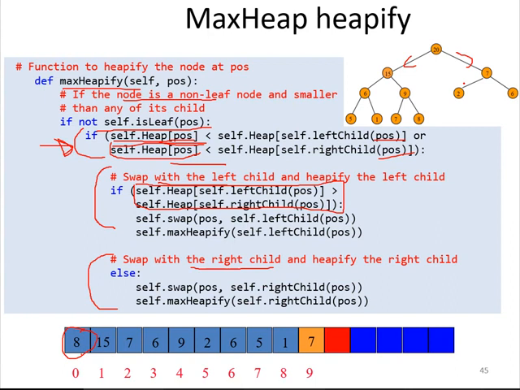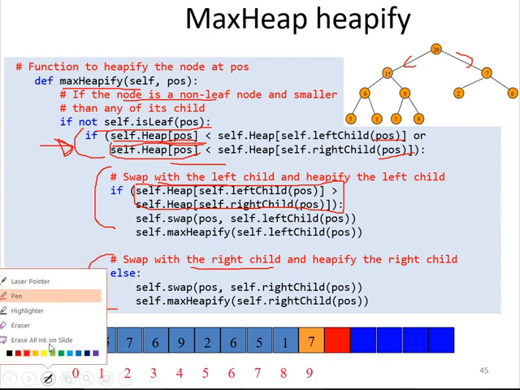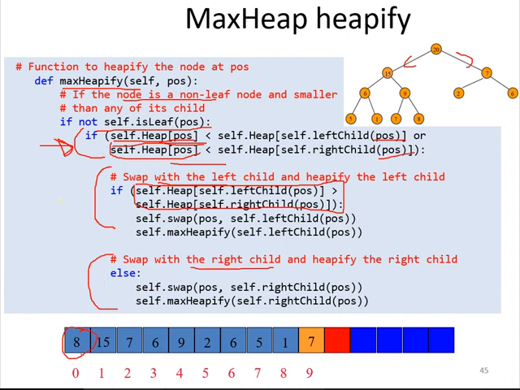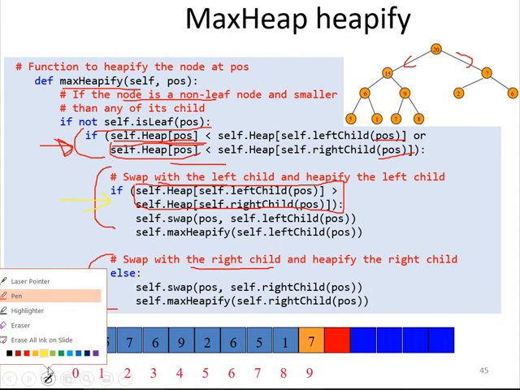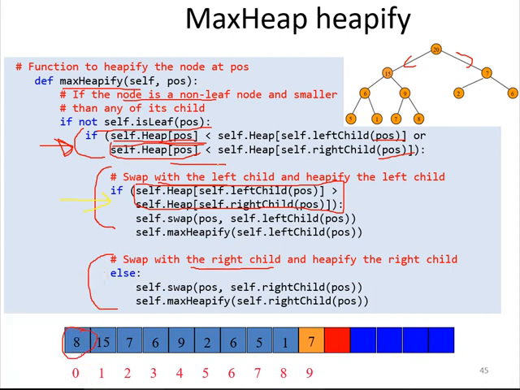It must go down. Knowing that it has to go down, it has to determine which way to go, left or right. So this statement determines whether it should go left or right.